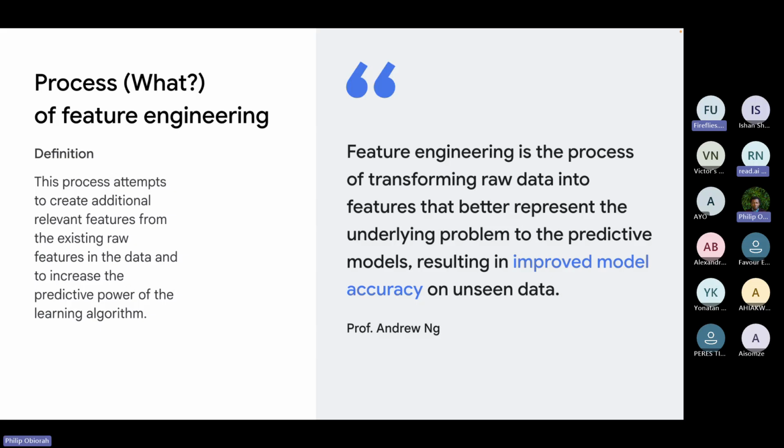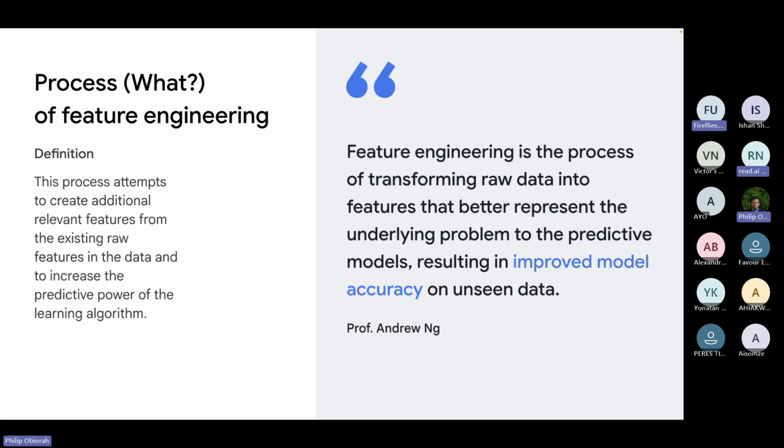He said it's the process of transforming raw data into features that better represent the underlying problem to the predictive models. Right? So you can often get better results with a simple model when you have great features, because better representation often beats model complexity.